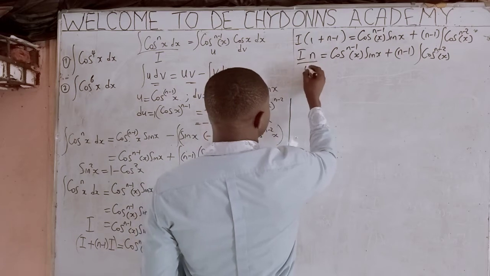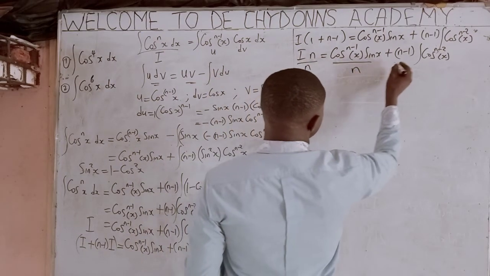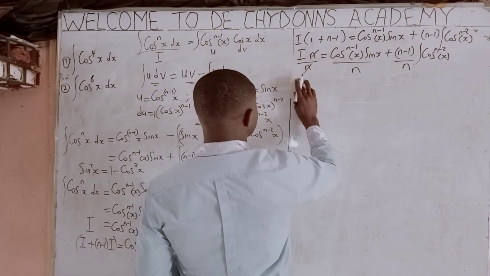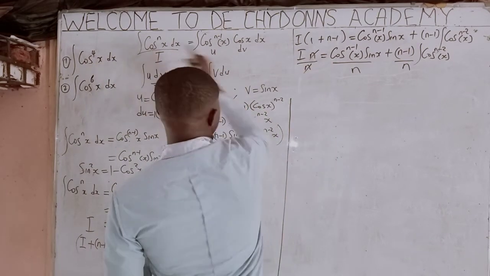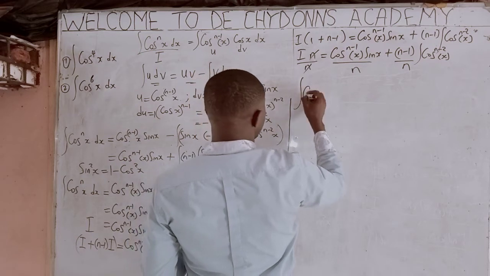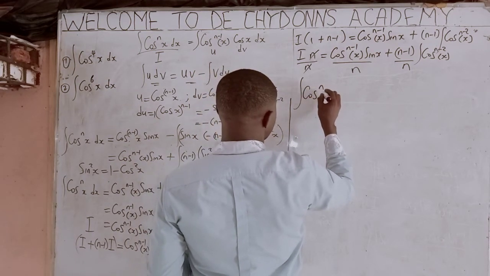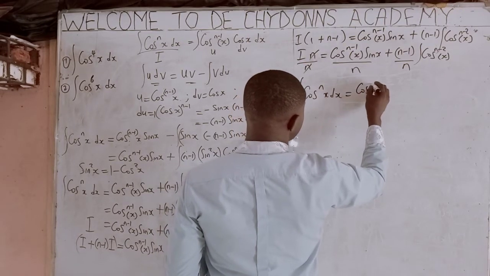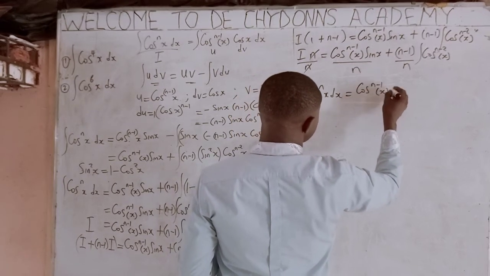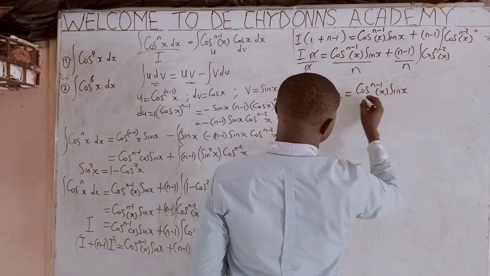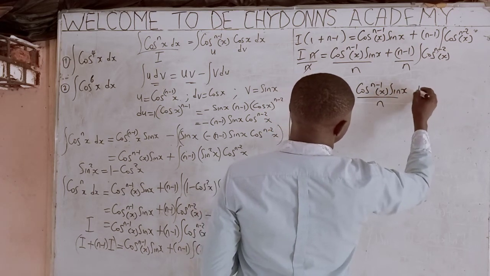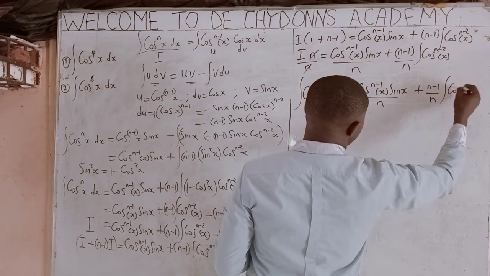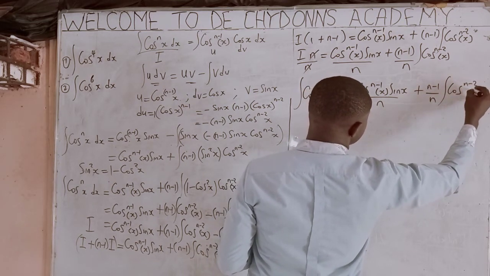So when you divide everything by n, you will be having your I. What is your I? Integration of cos^n x dx equals cos^(n-1)x sin x all over n, plus (n minus 1) over n integration cos^(n-2)x.